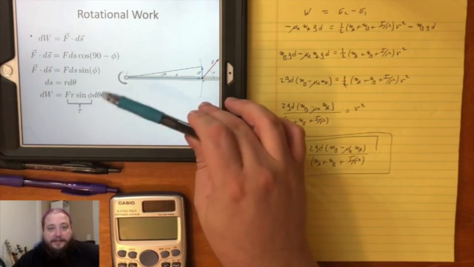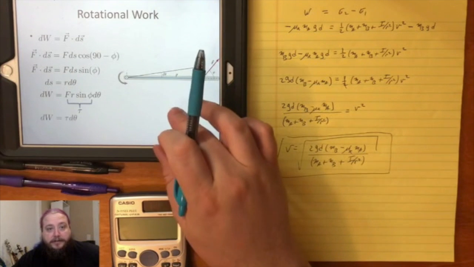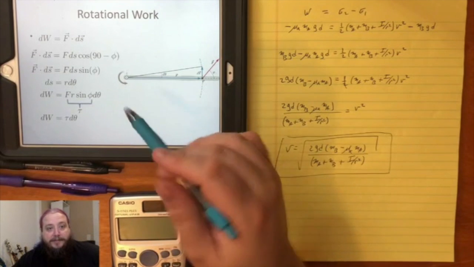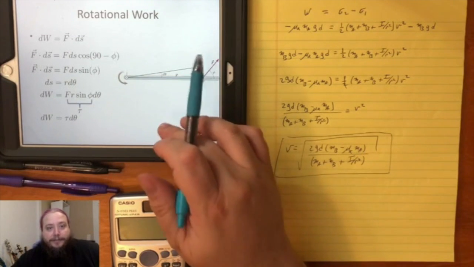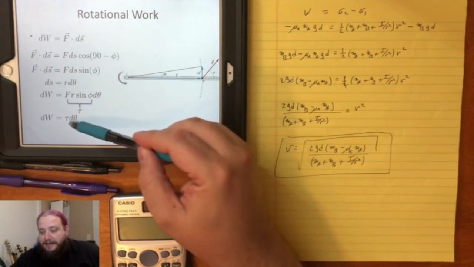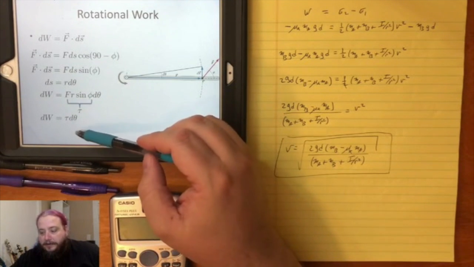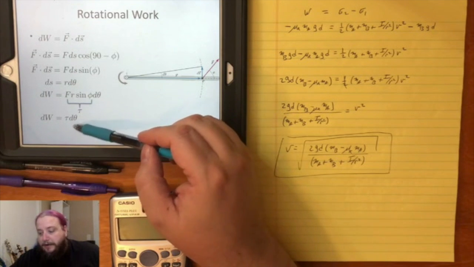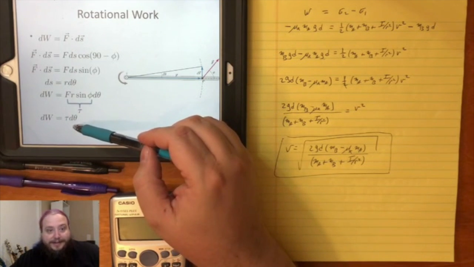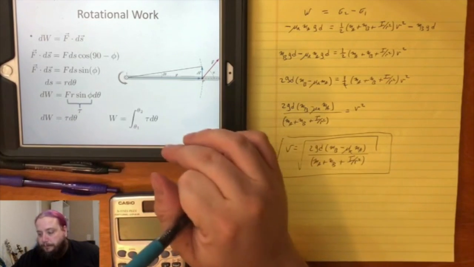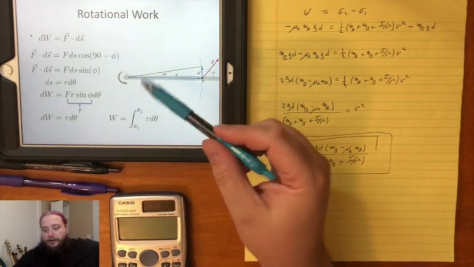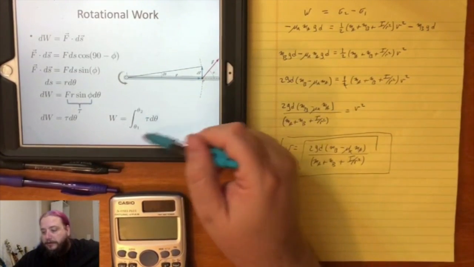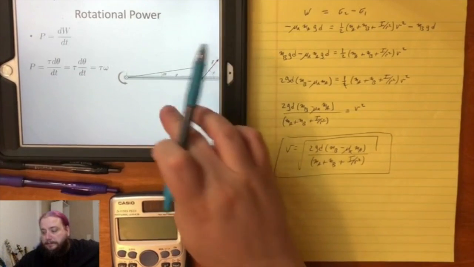That F r sine theta term is just the torque, so the work is torque times d theta, or again sort of F dot ds, except now it's in all rotational quantities: our rotational force, torque, and our rotational displacement, d theta. If the torque isn't constant as you're moving around, then you can turn this into an integral.